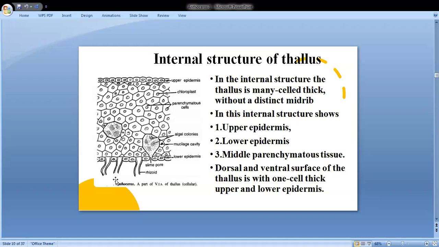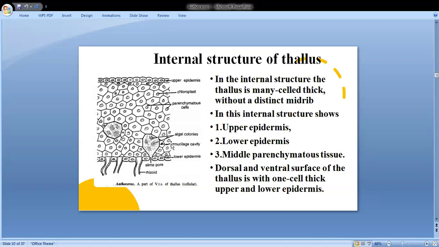Similarly, in the internal structure of the Anthoceros thallus, we observe the upper epidermis and lower epidermis. But see here, smooth rhizoids are present only at the lower epidermis. In Marchantia, rough rhizoids and scales are present, so two types of rhizoids, smooth and rough, and scales are there. But in Anthoceros, only smooth rhizoids are there. Upper epidermis, lower epidermis, and middle parenchymatous tissue.